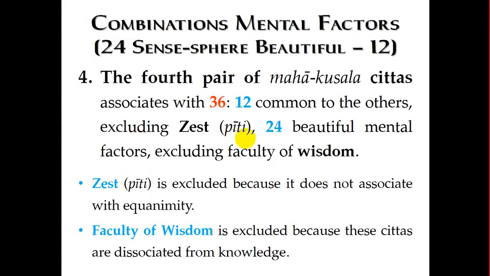Then the third pair of Mahakusala Cheta is associated with knowledge, so the wisdom will become again, but it is equanimous feeling, so zest will be excluded. 37. But the fourth pair of Mahakusala Cheta will have to exclude zest as well as wisdom. So therefore, 36. So that is the four methods as far as the Mahakusala Cheta is concerned.